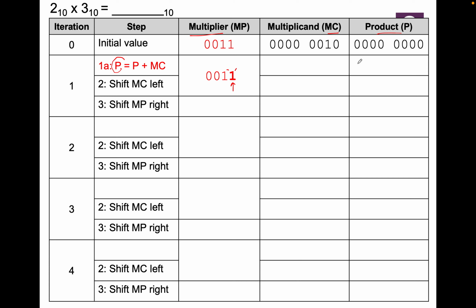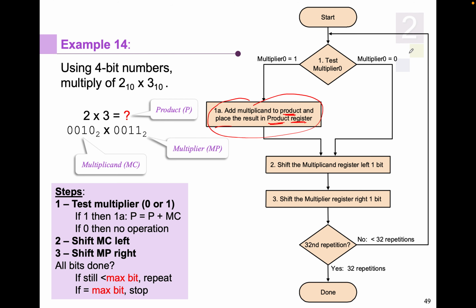You get 0, 0, 0, 0, 0, 0, 1, 0. Next, what will you do? You shift the multiplicand register left 1 bit.